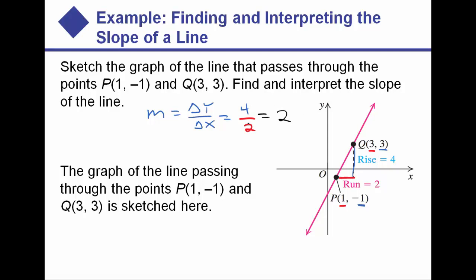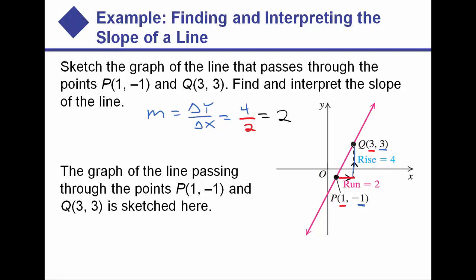Now, how did we know that 4 and 2 were both positive? We'll just start with one dot. So let's start with the lower dot. To get to the upper dot along our triangle, we go in a positive direction for the x and a positive direction for the y. So they're both positive.